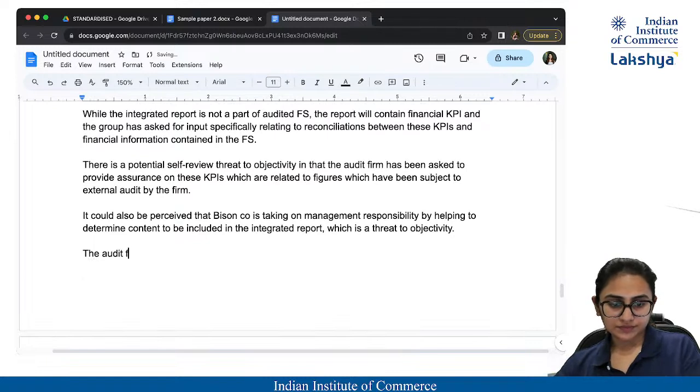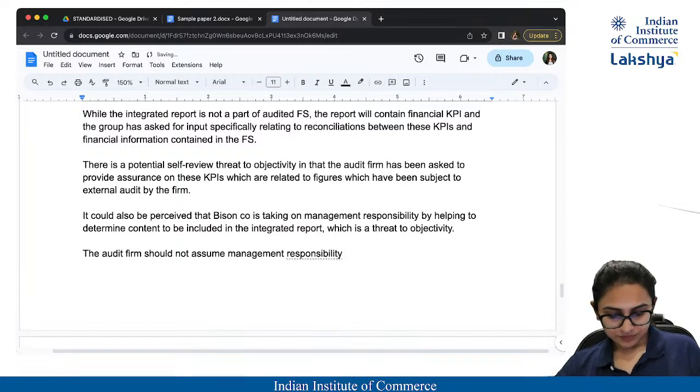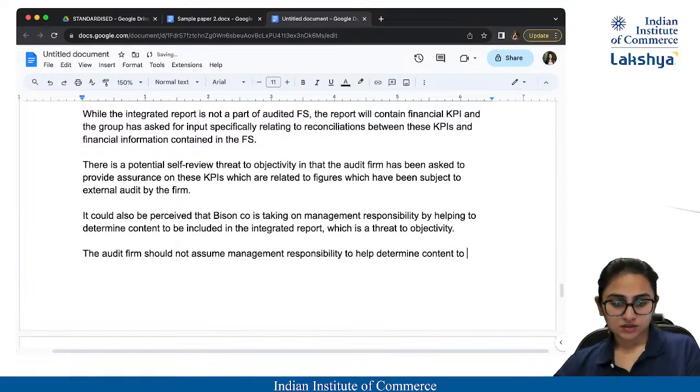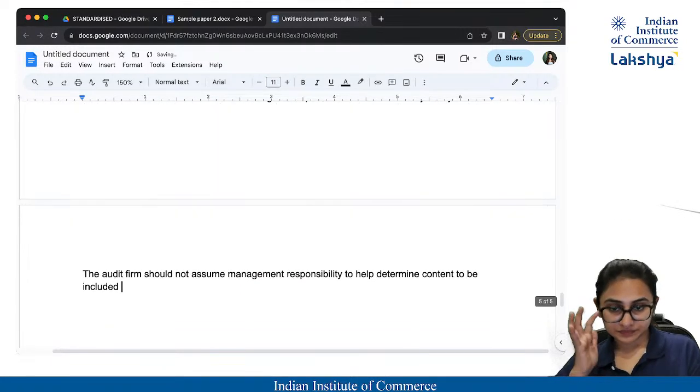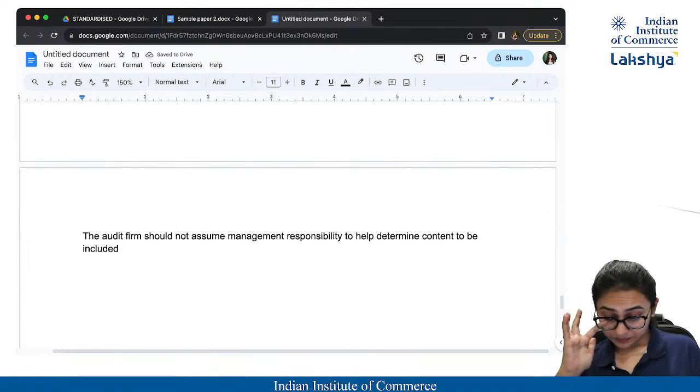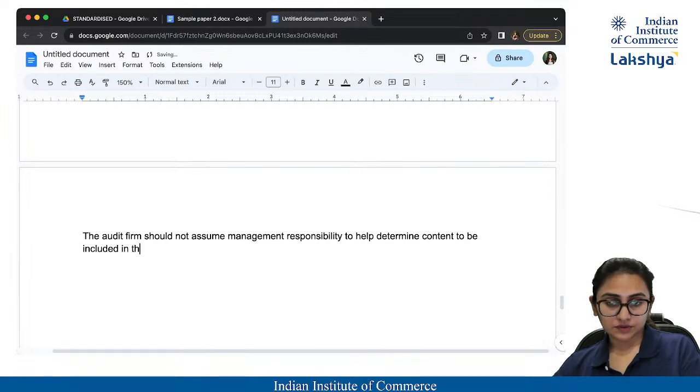The audit firm should not assume management responsibility to help determine content to be included in the integrated report, which is a threat to objectivity.